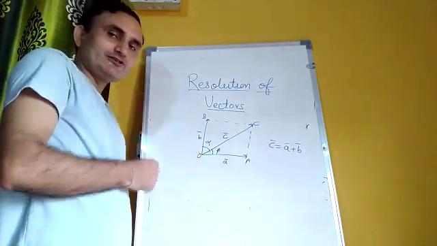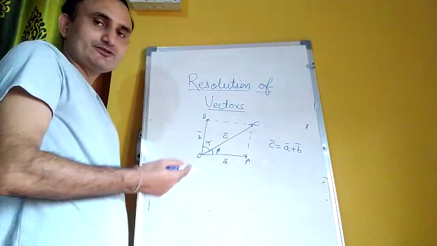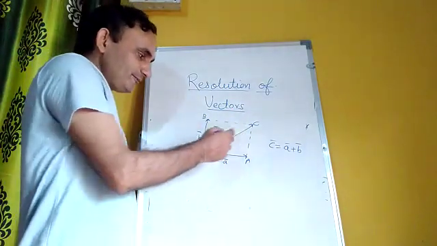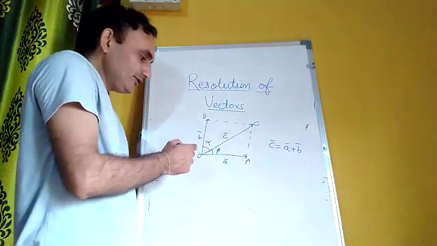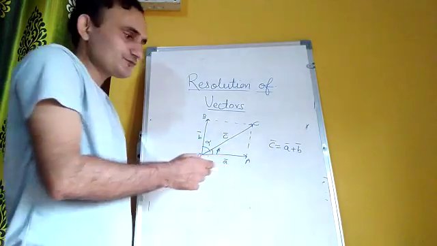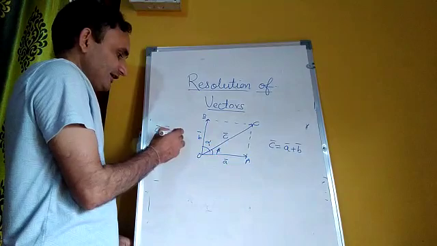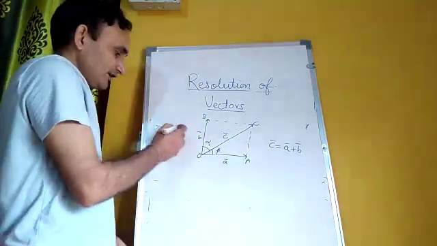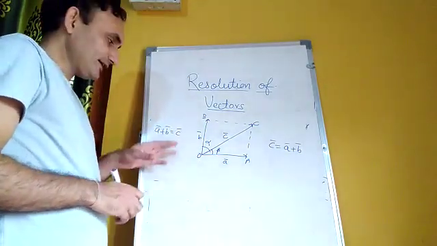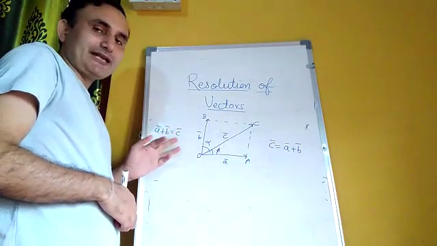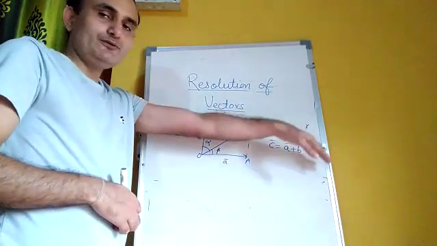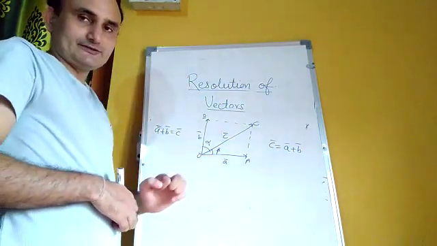In resolution we will just do the opposite. We break a vector into two components. If by adding a plus b we get c, a third vector, here we are breaking a vector into two new vectors.